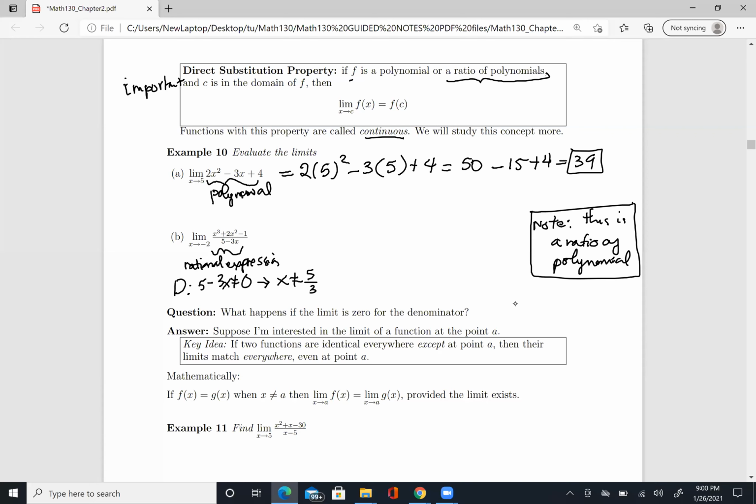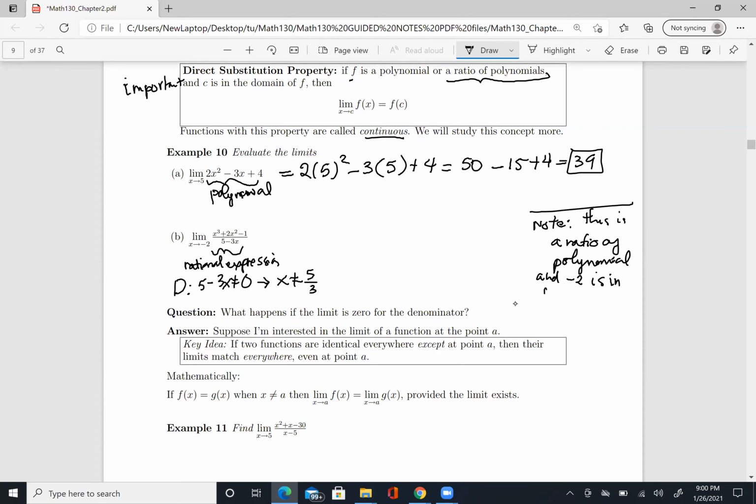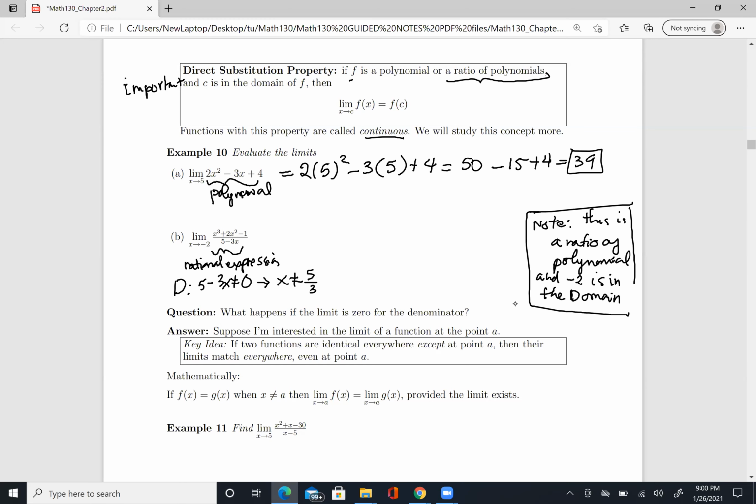And we have x going to -2. We should know that -2 is in the domain, because -2 is not equal to 5/3, so it is in the domain.